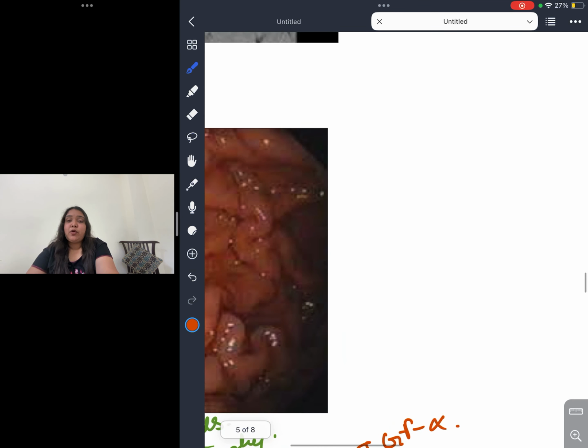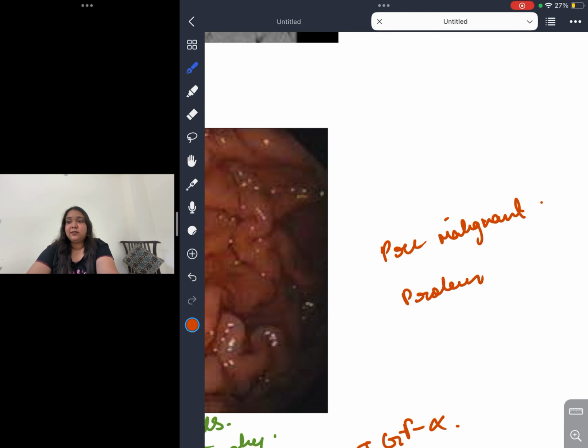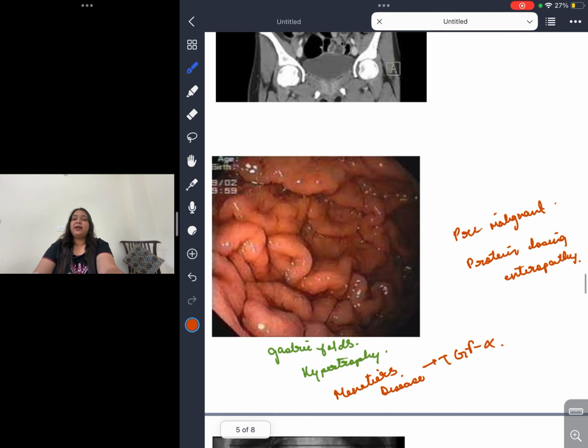Another important thing here is that this is a pre-malignant condition, and it is also a protein losing enteropathy. Gastric fold hypertrophy is happening due to TGF alpha. It is a premalignant condition and a protein losing enteropathy. So this was all about Menetrier's disease.